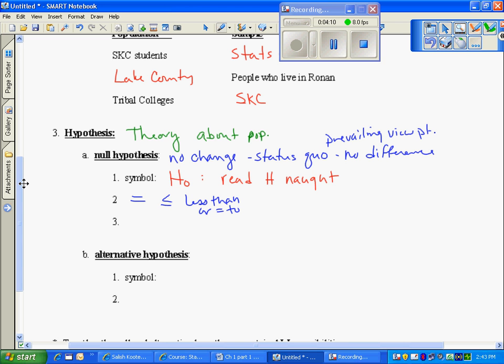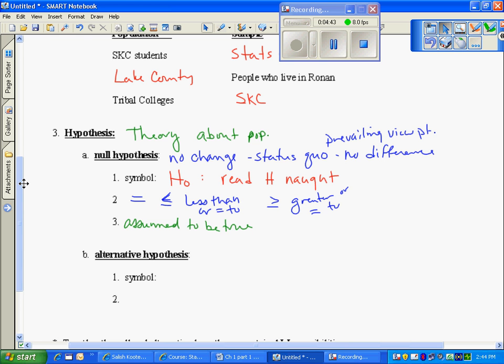It's less than because when I read left to right, the pointy or the smaller end is on my left. And this then would be greater than or equal to. What you need to realize, though, is it contains the equal sign, and we assume this to be true. It's assumed to be true. So what we need to do is gather enough evidence to suggest otherwise.